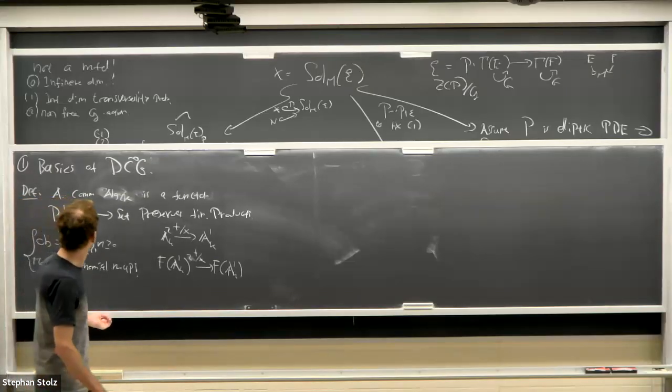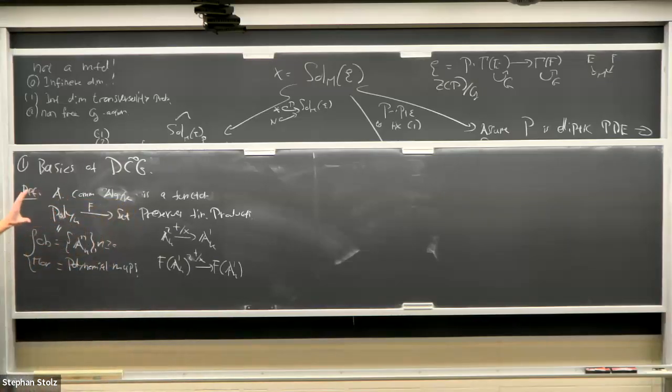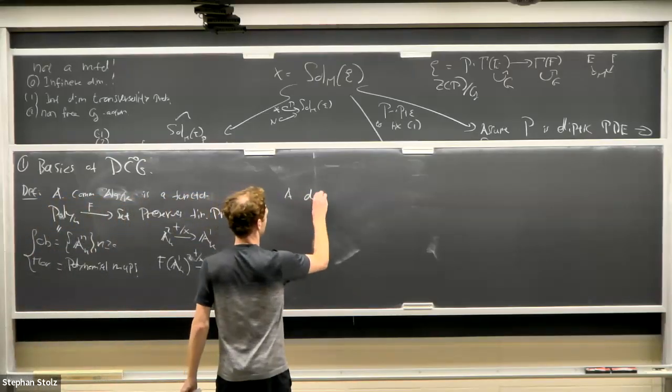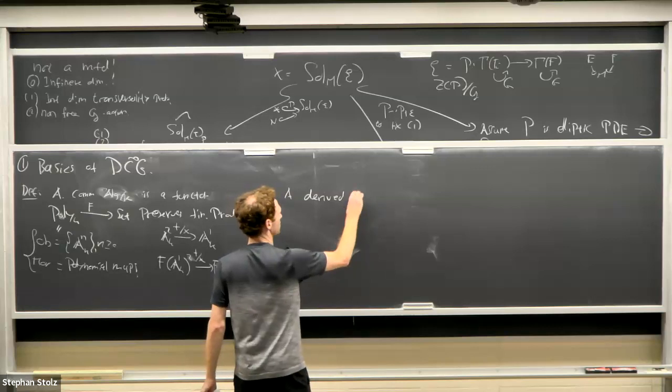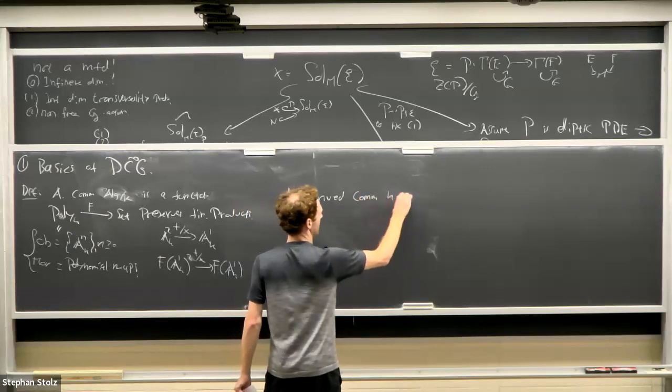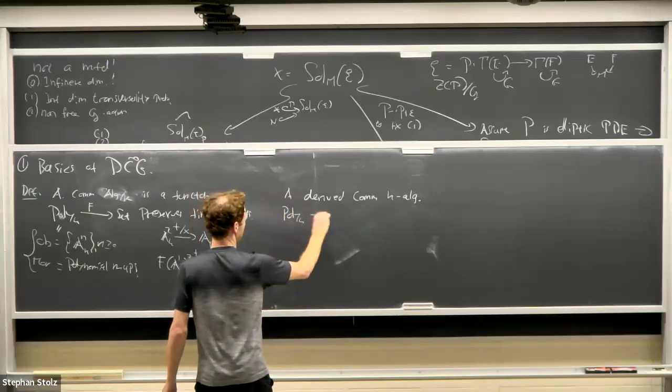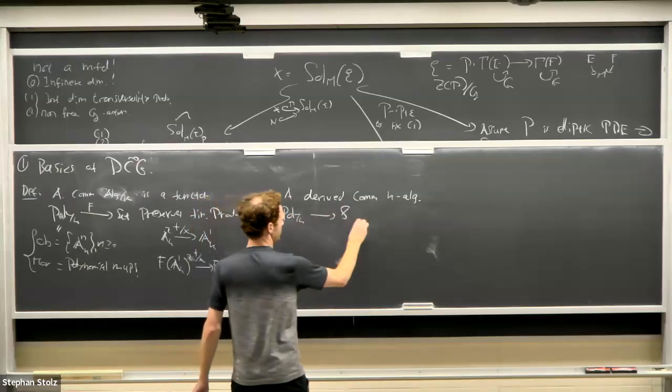The nice feature about this definition is that it carries over very nicely to the infinity categorical setting. A derived commutative algebra is the exact same thing: a functor from Poly K to spaces that preserves finite products.